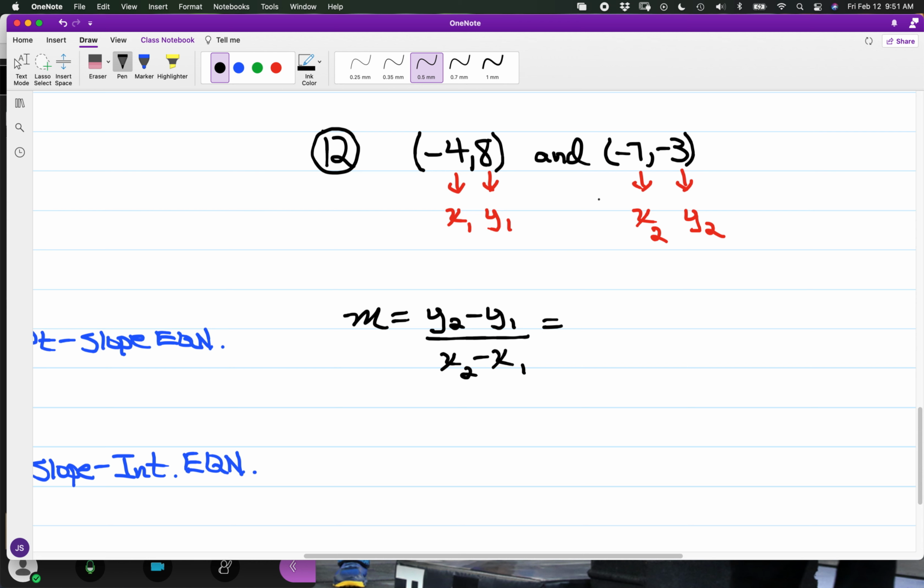For y of 2 minus y of 1, y of 2 we have at negative 3, then subtraction, and y of 1, which is 8. And for x of 2 minus x of 1, x of 2 we have at negative 7, then subtraction, x of 1 we have at negative 4.